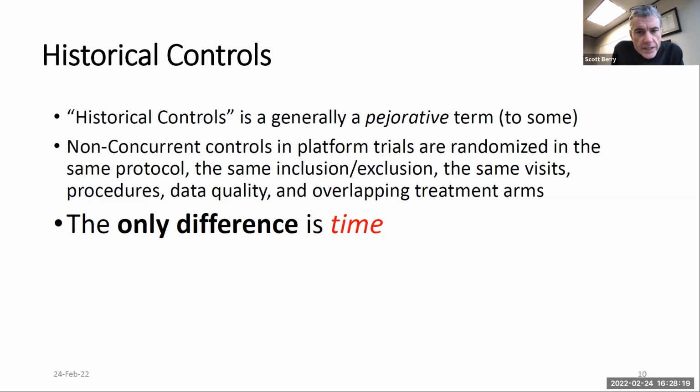They have the same data quality, the same visits. They've been randomized. Everything about these patients is the same except for time. There's a covariate that differs in these patients, but of course it's a randomized trial where we have this covariate recorded. We can adjust for it, which is what Marta just described. So next slide.